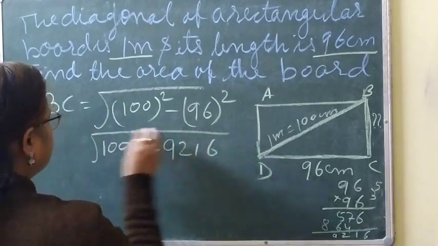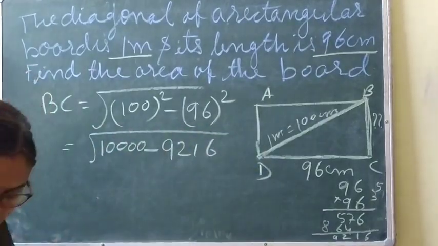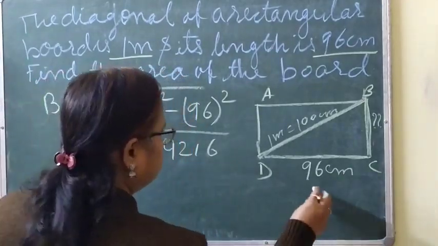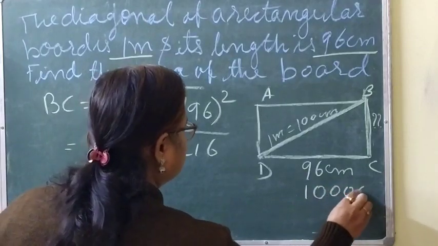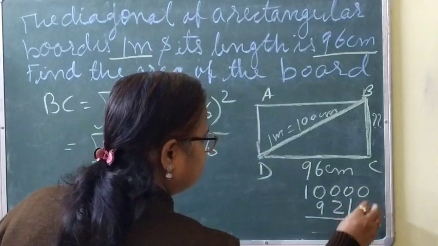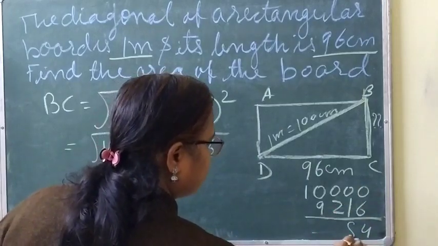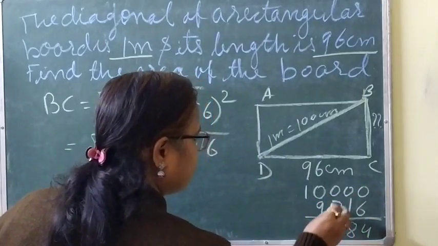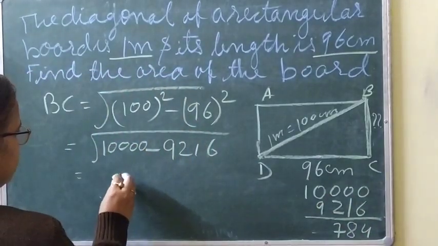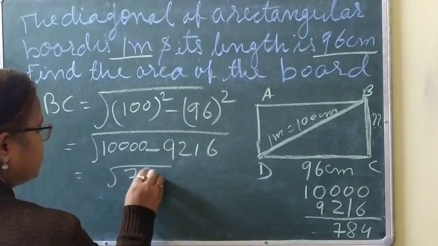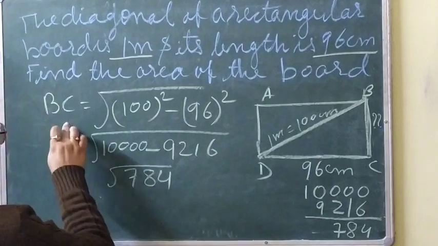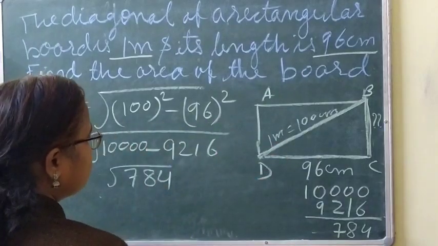Clear? Now, when we will subtract, what we will get? We'll do the subtraction. So 784. Clear? So here it is what? Square root of what? 784. This is BC. Clear? BC is what? Square root of 784.